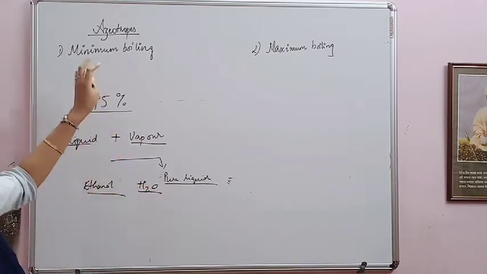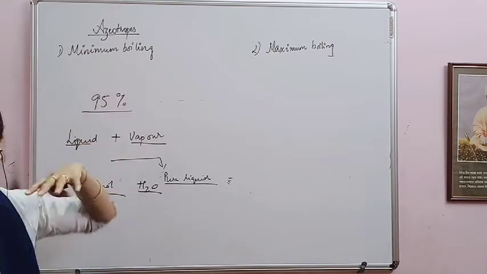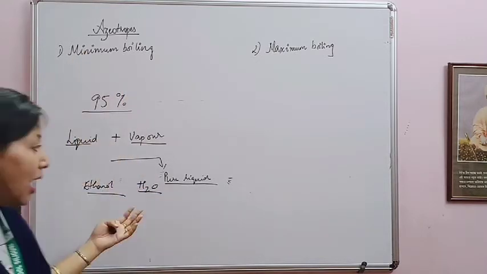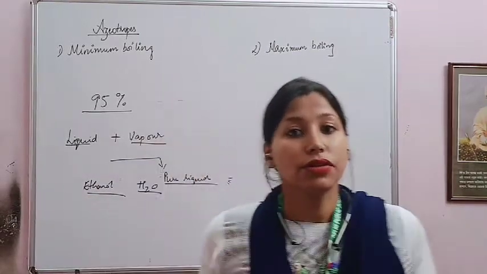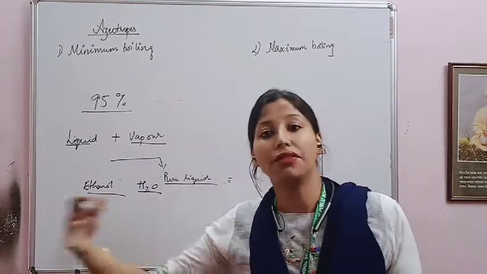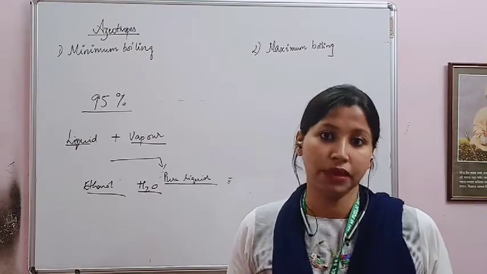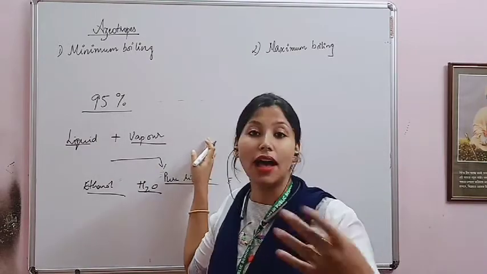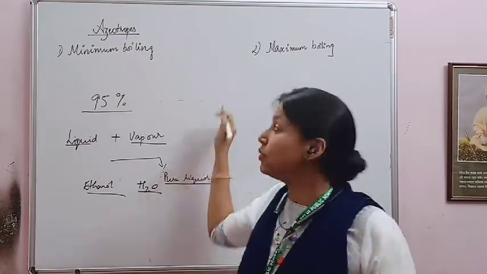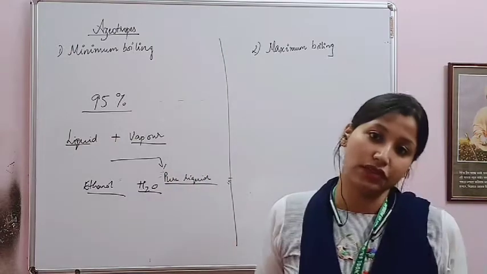That is why it is known as minimum boiling azeotrope. Even after you continue distillation, you will not be able to get 100% pure ethanol. So you have to choose other methods. That was about minimum boiling azeotrope.